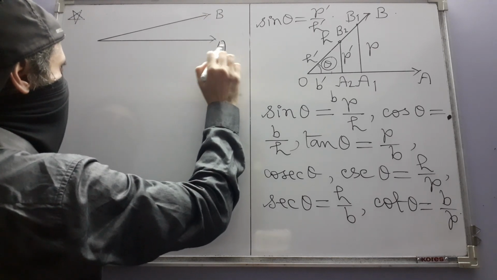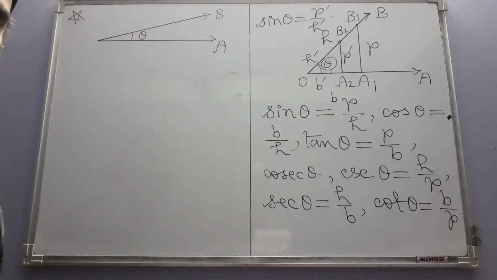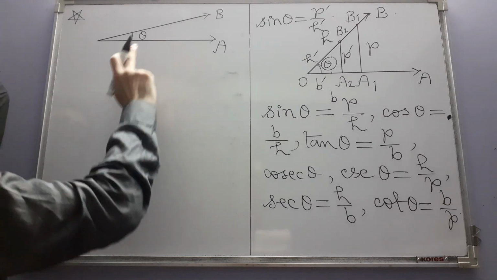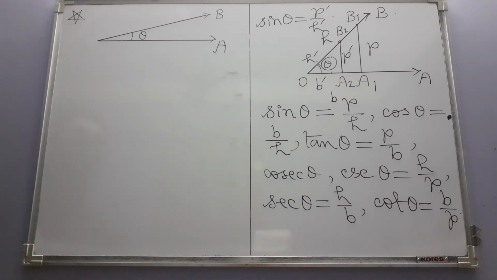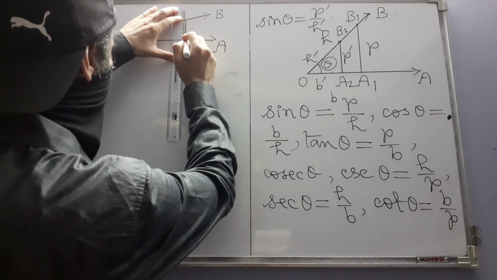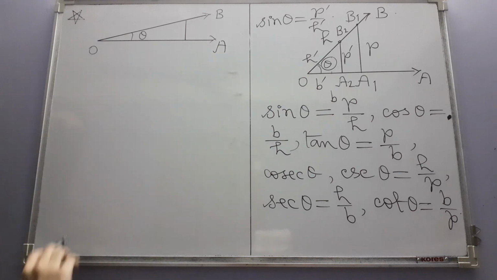Or to put it more simply, this angle theta is becoming smaller and smaller and smaller, like this. At any stage it looks like this. So here also you can arbitrarily choose a point and drop a perpendicular from that point on the OA side.